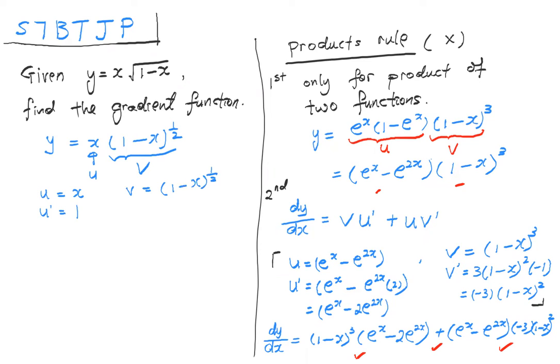So as long as you have power fraction, correct? So you have to use chain rule. Yeah. Bring down, multiply by the power, copy down the whole thing, power take away 1. And times by the rate of change of 1 minus x. That is -1. Am I right?